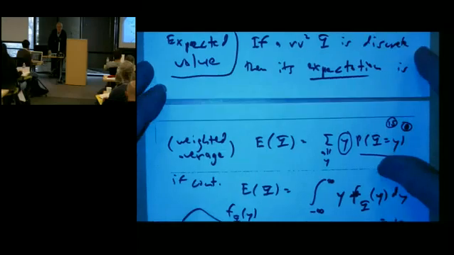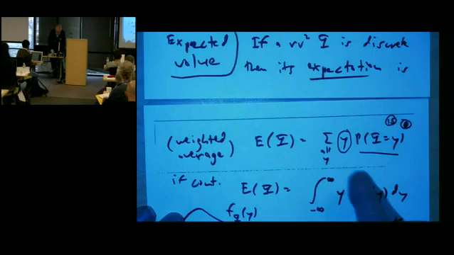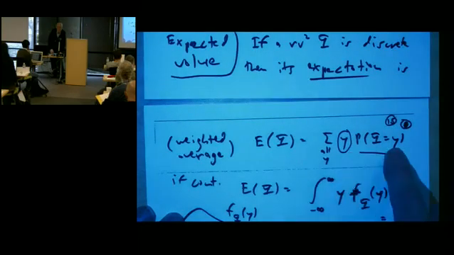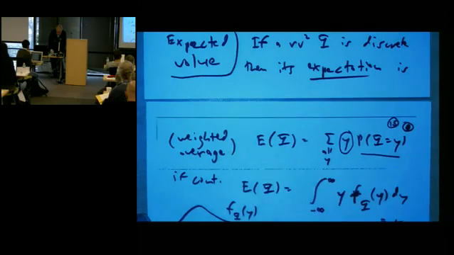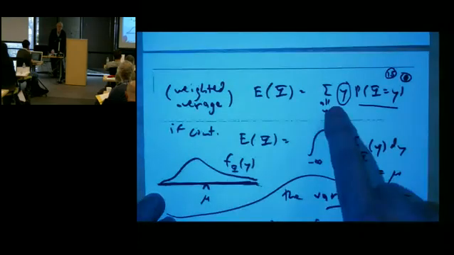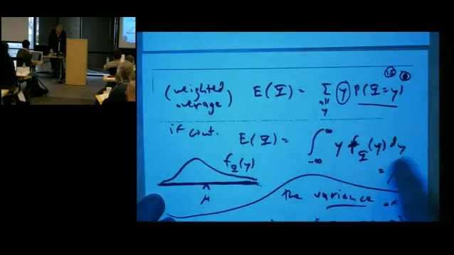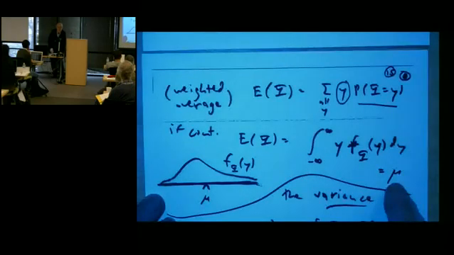It's written capital E of the random variable, capital Y, and you simply take a weighted average of the values that Y takes on, weighted by the probabilities that it achieves those values. The same thing happens with continuous random variables, except that sums are replaced by integrals. The expectation of a normal random variable, for example, turns out to be the mean of that random variable, the symbol I used before, mu.